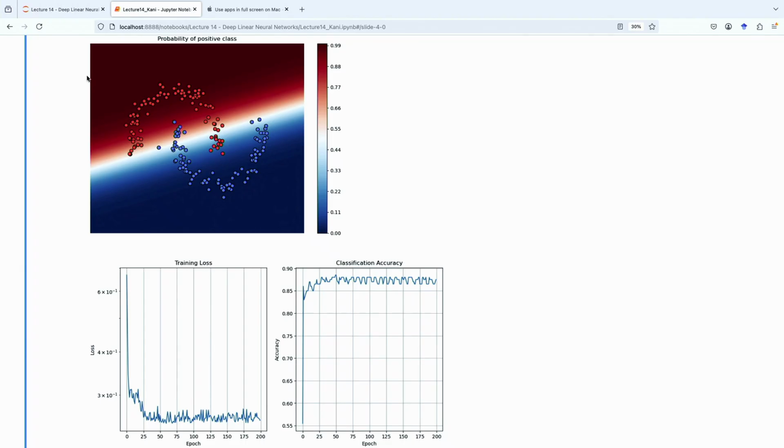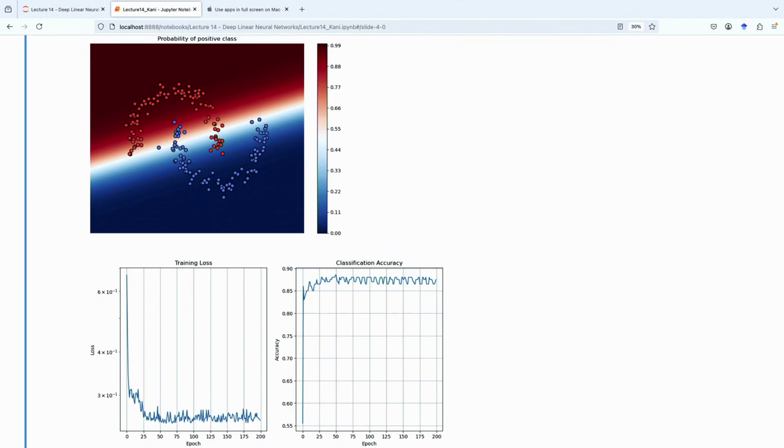And yet, this is the best line because if we do a line in any other direction, for instance, a line like this, we're going to get way more values misclassified. If we have a line like this, we're going to get way more values misclassified. So the good news is the model is working as intended. The bad news is the intended function is not sufficient for what we want, right?